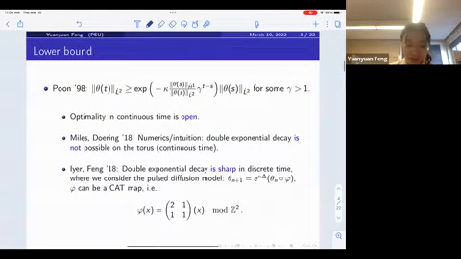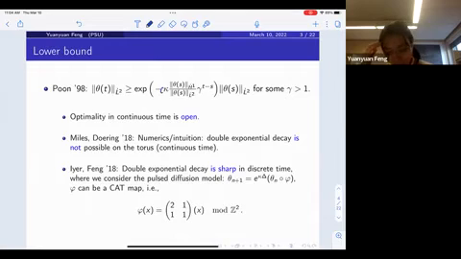So, okay, let's first look at the lower bound of the L2 norm of the energy. Poon in 1998 proved that the L2 norm is bounded below by exponential of minus constant C times kappa times some quantity depending on the initial data times gamma raised to the power t, minus a.